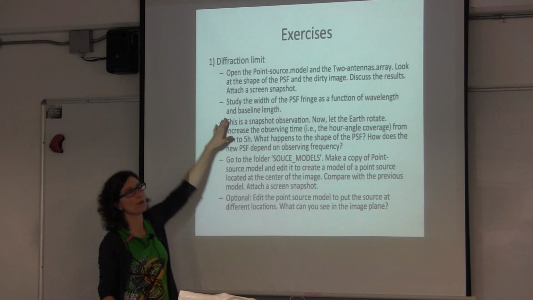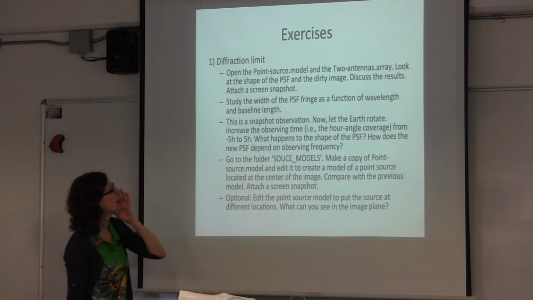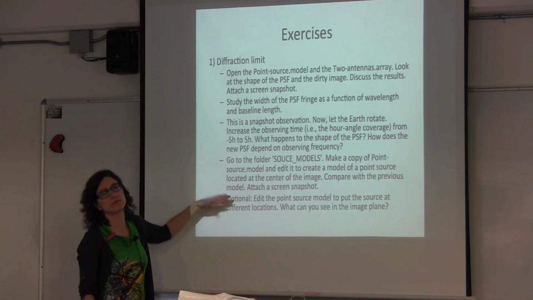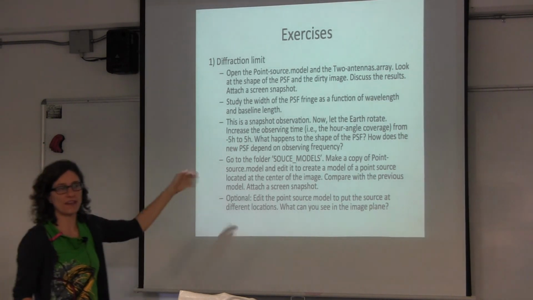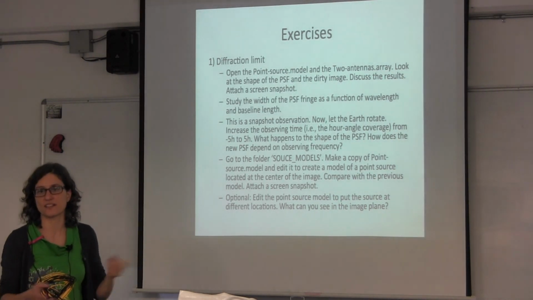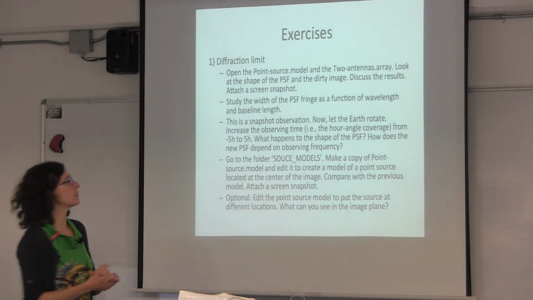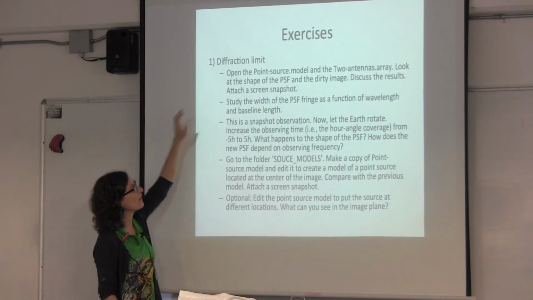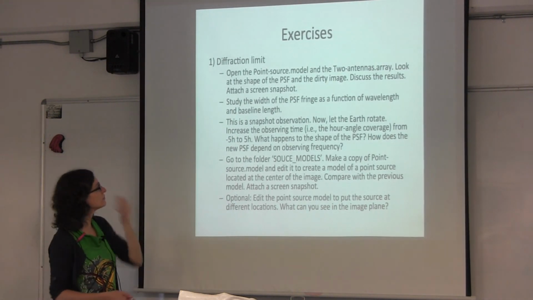Play with the wavelengths that you want to observe, and just follow this example if you want. You can make variations. If you don't want to do this exercise with a point source, you can do it with something else. Just show me that you have played with the wavelength and the different arrays.